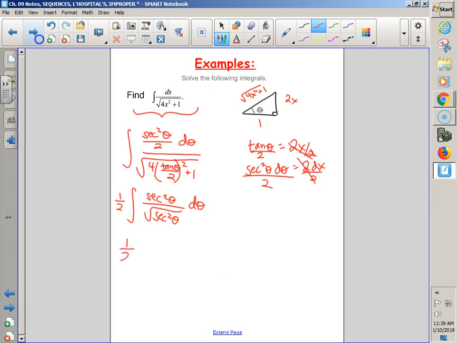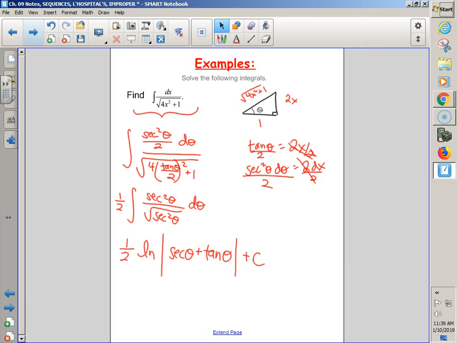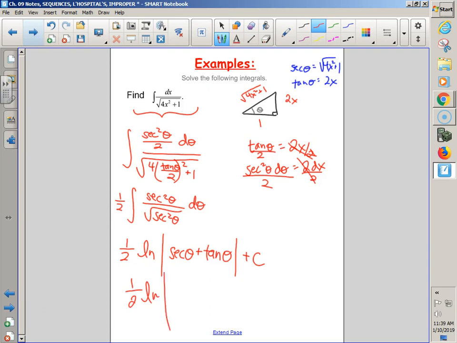And what's the integral of secant? You're done! Well, technically you'd have to come back here and say, hold on, who's secant again? Hypotenuse over adjacent. Who's tangent again? And then we get a nasty answer to an integral that there is no way algebraically we could have done.